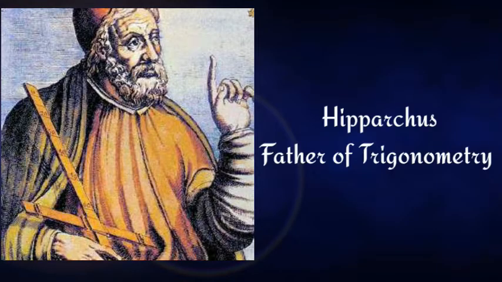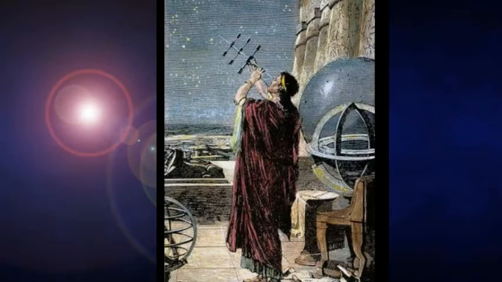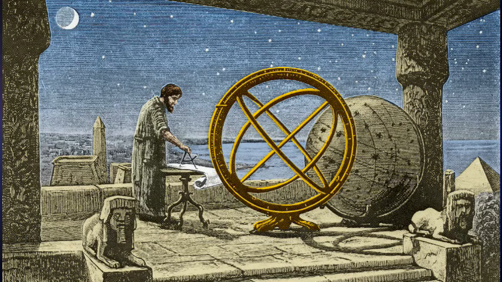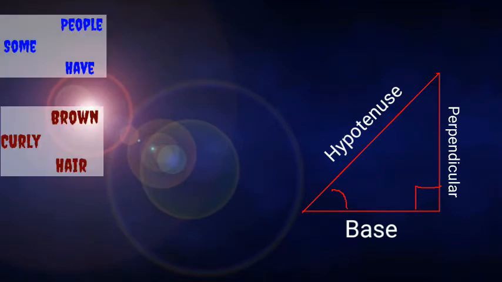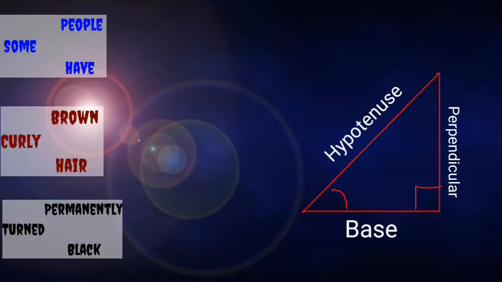Hipparchus, father of trigonometry, study of angles and sides of triangle, alpha, beta, gamma, phi, psi, xi. Let's sing together so we can learn. First comes right-angled triangle, opposite to 90 degree, its hypotenuse. Opposite to reference angle is perpendicular, adjacent to reference angle is base. Some people have curly brown hair, turned permanently black.